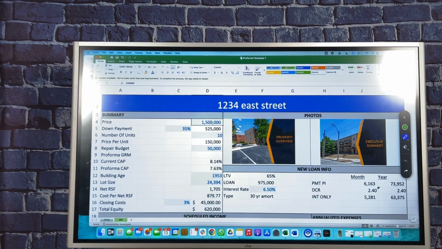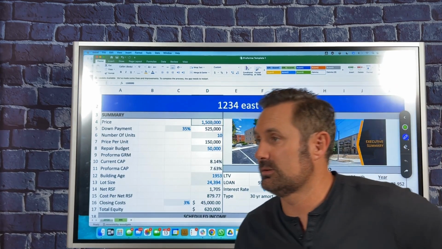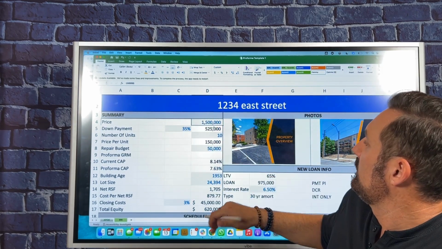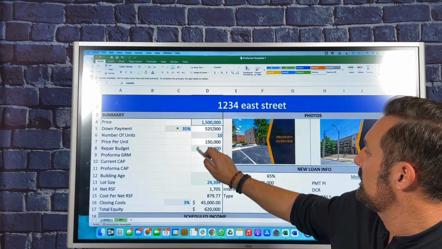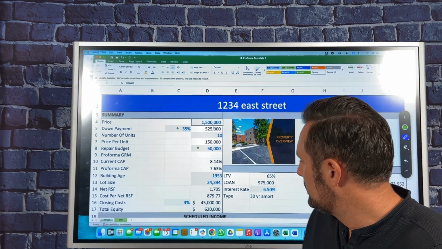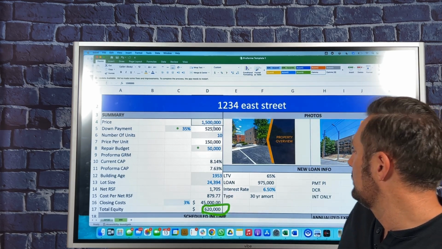I know this thing's getting long-winded, but it's important. Let's presume we're paying $1.5 million. We're putting 35% down. We have $50,000 in a repair, maintenance, upgrade, improvement budget, so we have a total of $620,000 we're bringing into the deal.